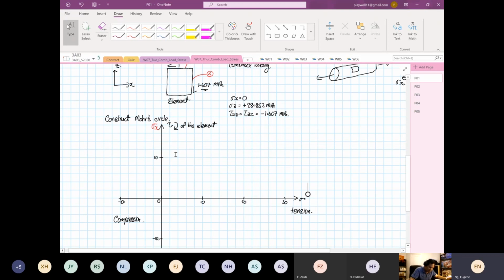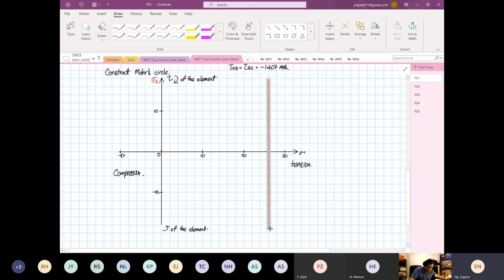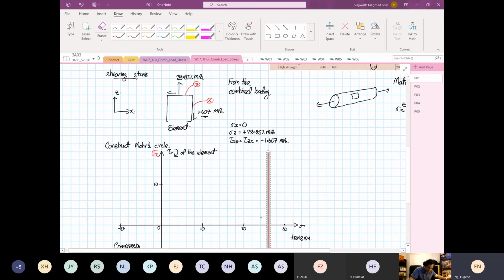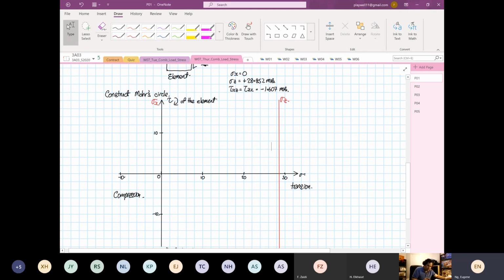I'm going to eyeball this, so 28.5. This is your stress Z line. Then your shear is very small, 1.607. So your shear is 1.607.